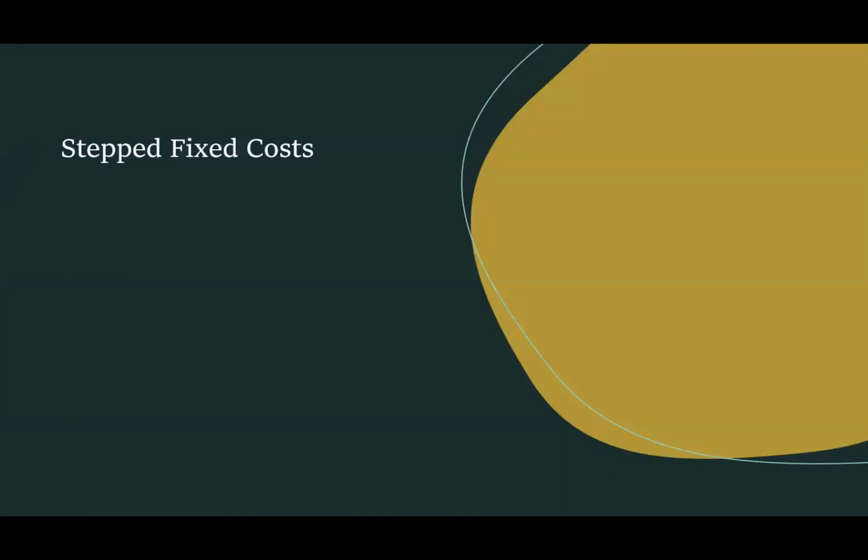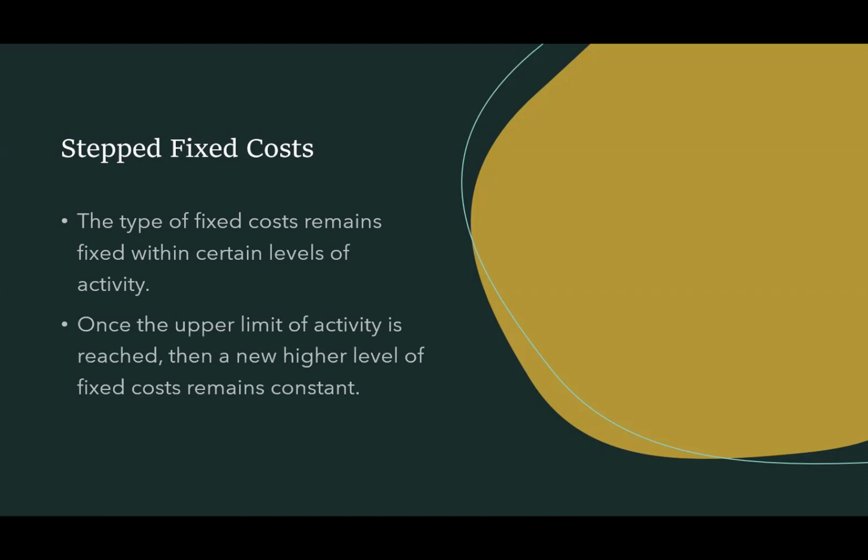Now, step fixed cost. This type of fixed cost will remain fixed within a certain level of activity. As soon as the threshold of the level of activity is reached, the fixed cost will also change. For example, a warehouse rent.